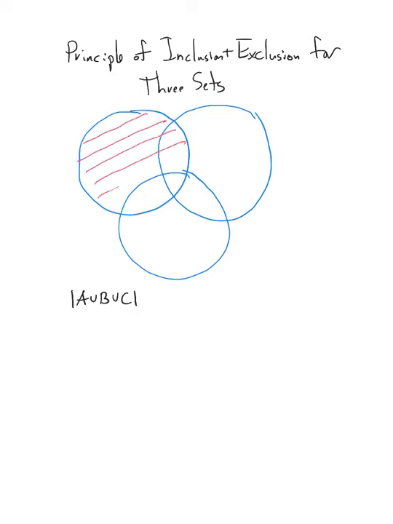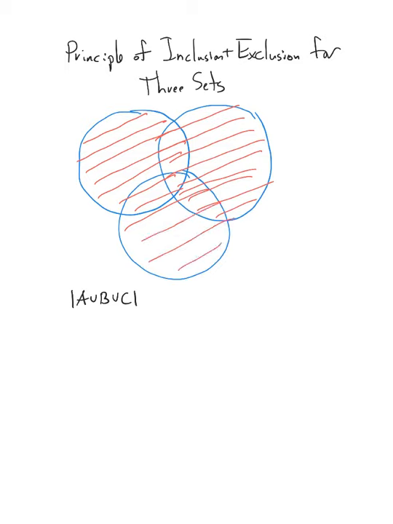So the cardinality of A plus the cardinality of B plus the cardinality of C. So let's just put that in now. So that equals the cardinality of A plus the cardinality of B plus the cardinality of C.